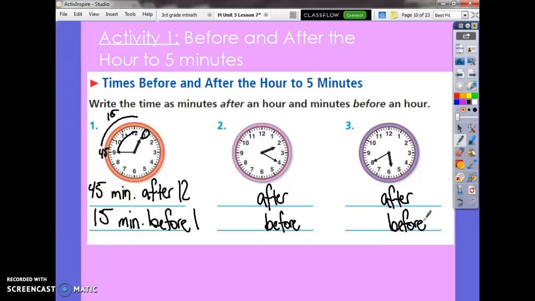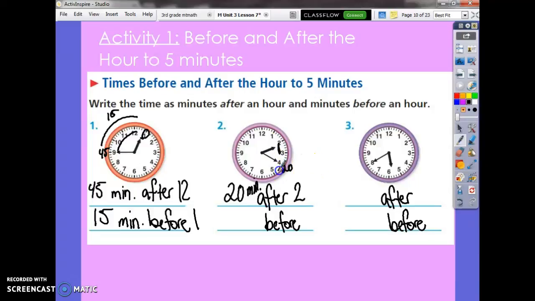Okay? So number 2, again, my hour hand is a little bit after the 2. And so the 4 means how many minutes? Well, the 4 means 20 minutes. So it's 20 minutes after 2 o'clock. Because this is between the 2 and the 3. Okay?